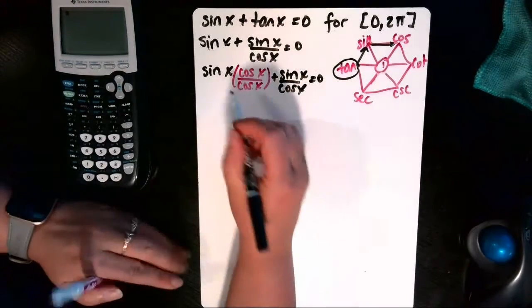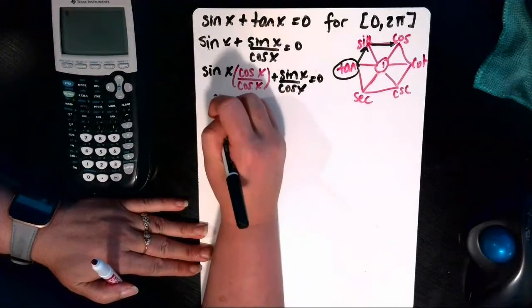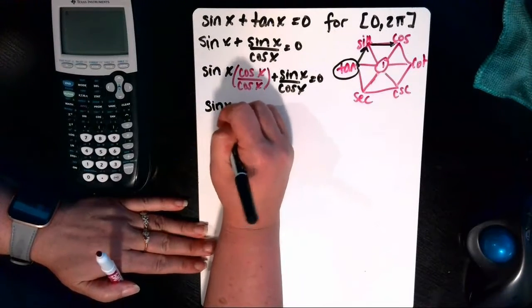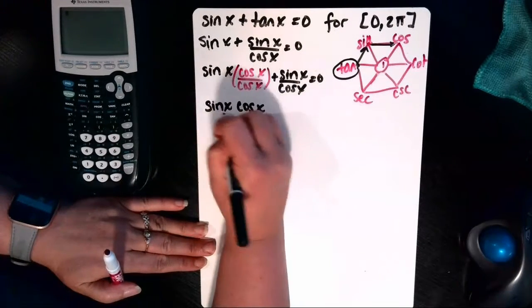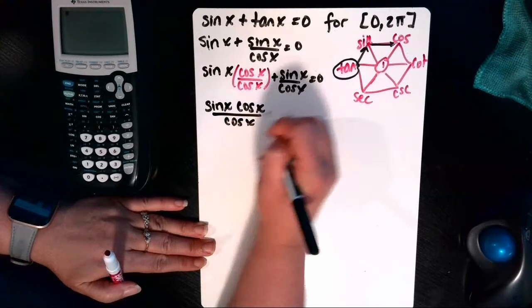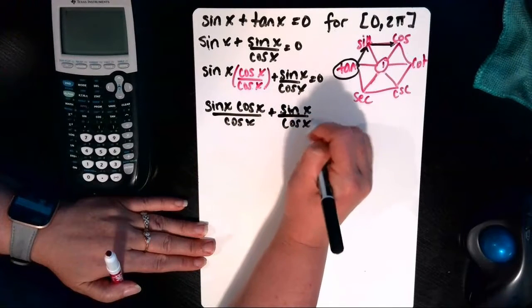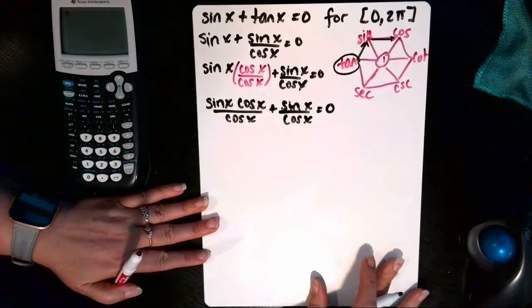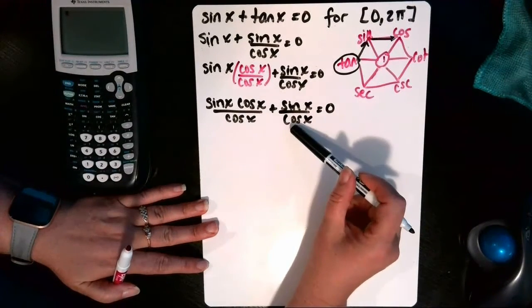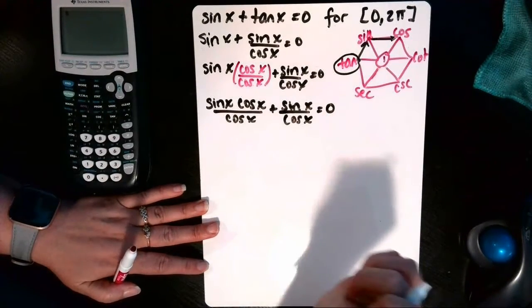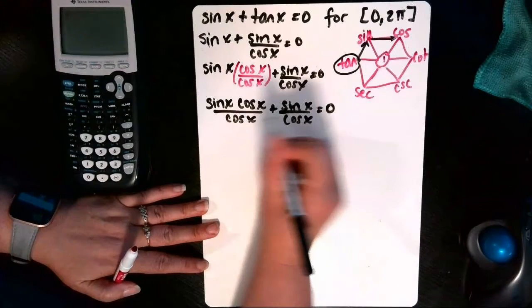Okay, now we'll multiply straight across, so sine of x cosine of x over cosine of x plus sine of x over cosine of x is equal to 0. And now that we have a least common denominator, we can go ahead and add these fractions by adding straight across the numerator.